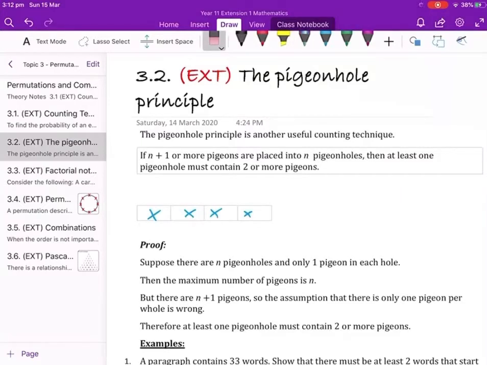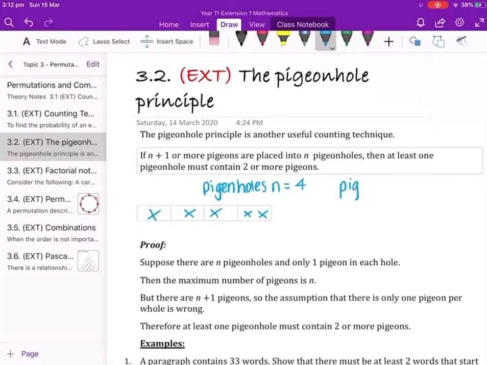So when we pick up this pigeon and put it into one of the pigeonholes, then at least one pigeonhole must contain 2 or more pigeons. This is because, remember, we started off with n pigeonholes equaling 4. So that was our pigeonholes, n.